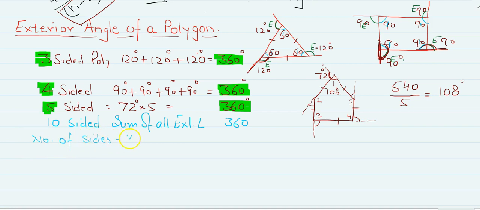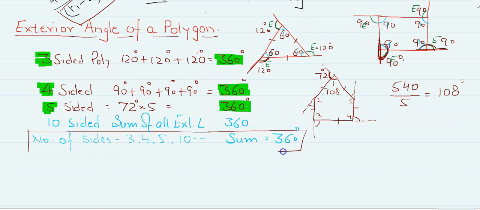Of a polygon, whether it is 3, 4, 5, 10 or whatever number, the sum will always be 360 degrees. So the sum of all the exterior angles of a polygon is always 360 degrees.